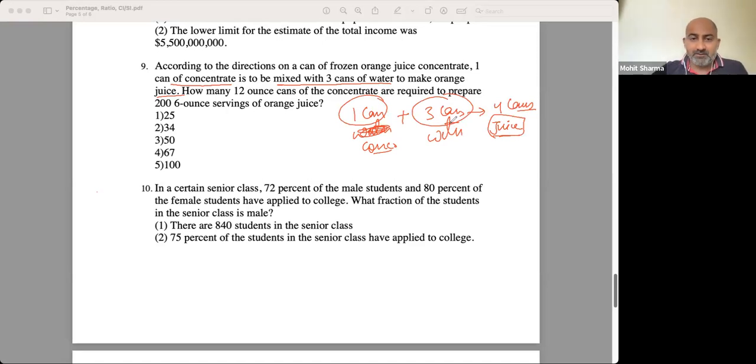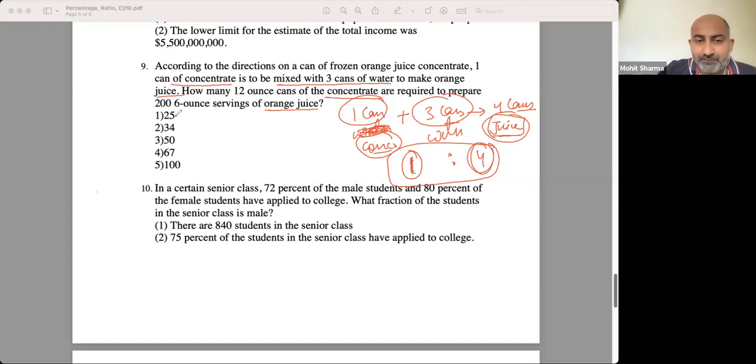So the question is how much concentrate would be required to produce this much juice? That means the ratio of concentrate to juice is 1:4. 1 can of concentrate is required to make 4 cans of juice. Now we are making 200 servings. Each serving is 6 ounces.